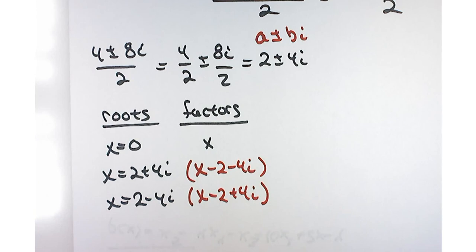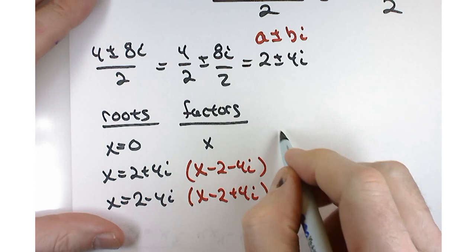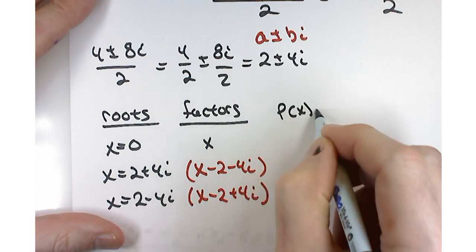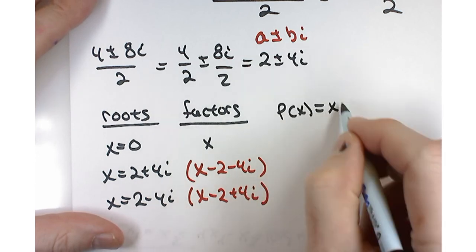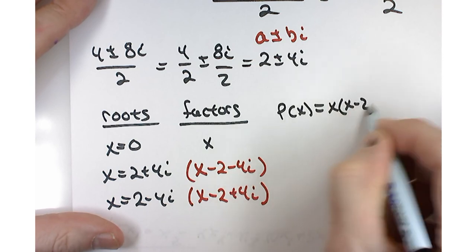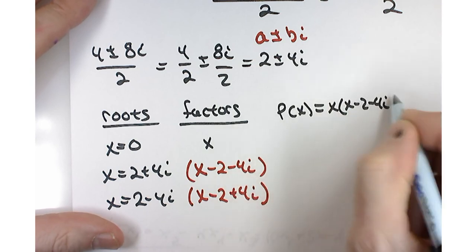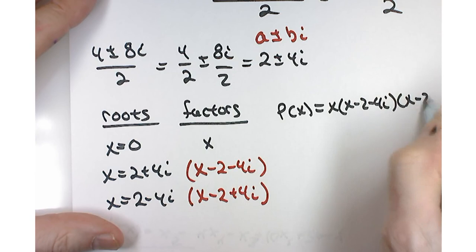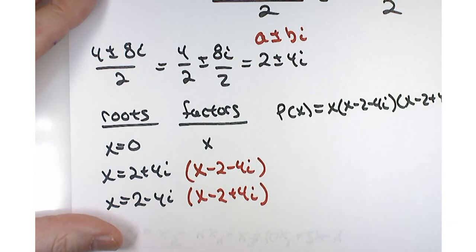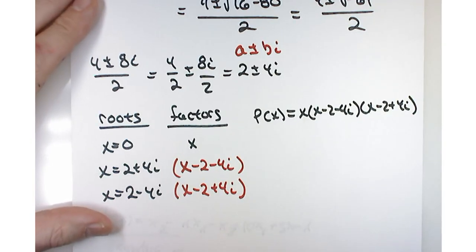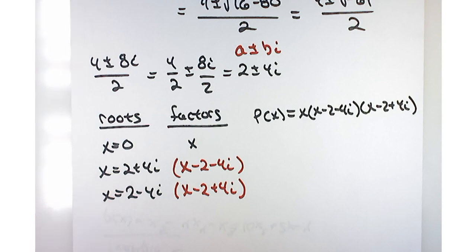So overall, your polynomial could look like this. p of x equals x times x minus 2 minus 4i and x minus 2 plus 4i. So that's the last answer. Yeah, that's it. That's completely factoring our polynomial p.